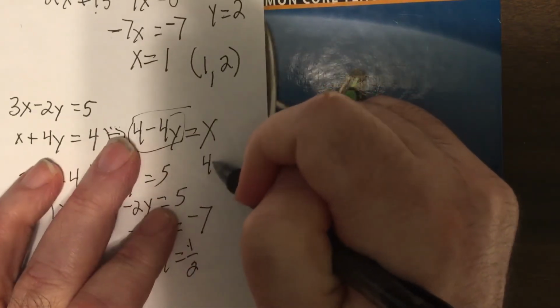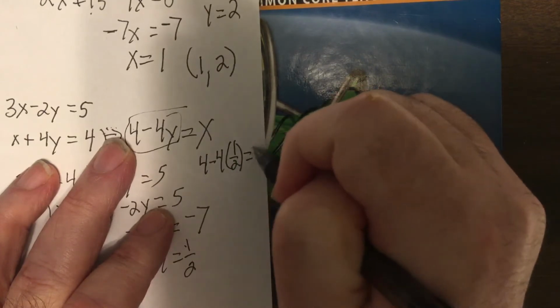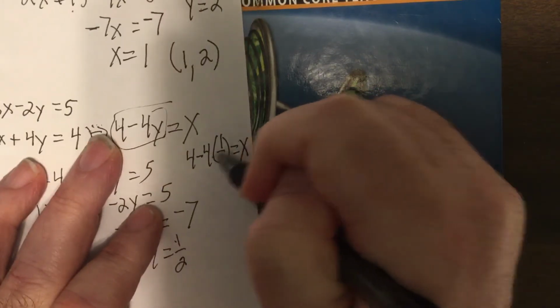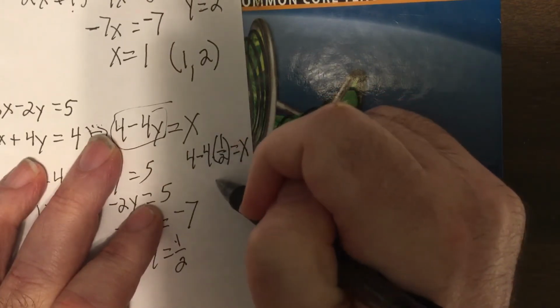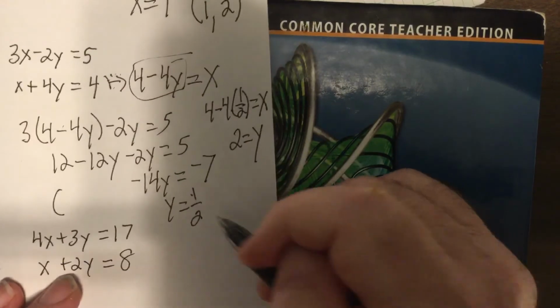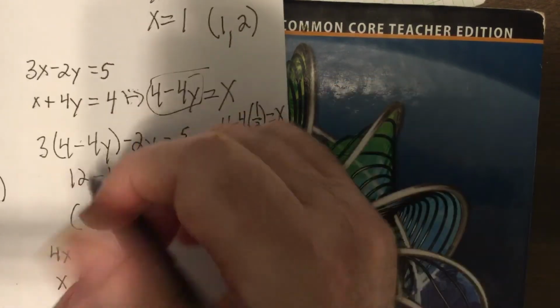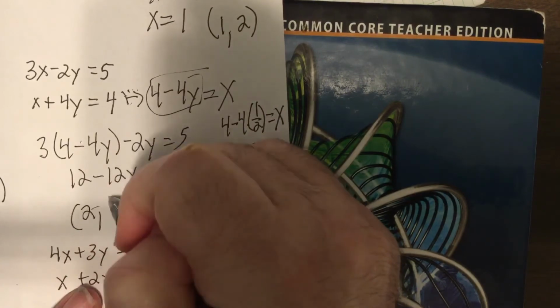So 4 minus 4 times a half equals x. So 4 times a half is 2. 4 minus 2 is 2. So I get 1/2 as my y, and my x is 2. So it's 2, 1/2.